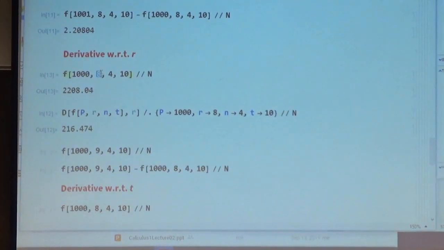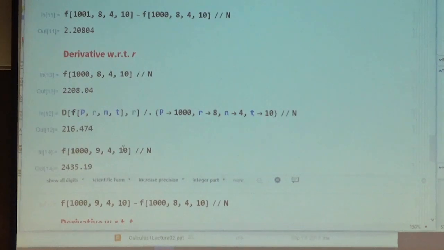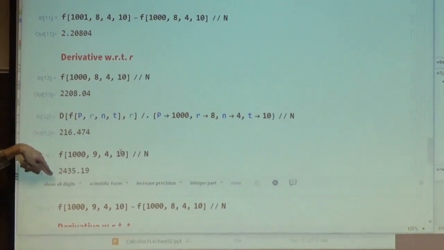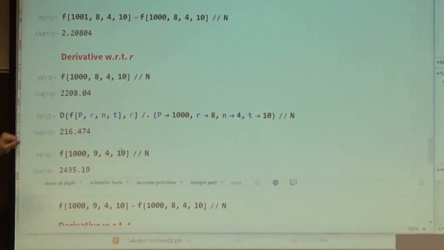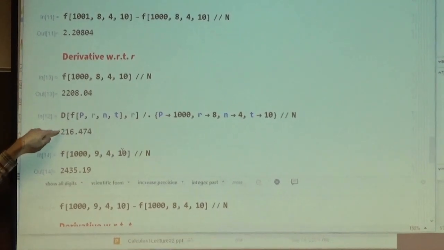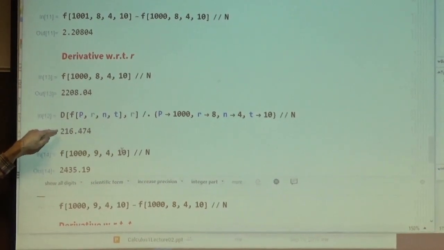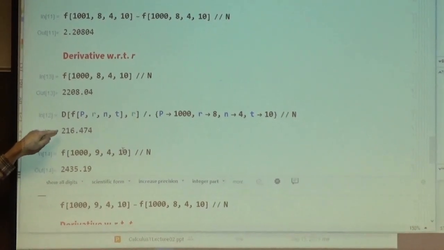Here R is 8%. Here I'm going to 9%. My balance increased by, it looks like $227 or so, a bit more than the estimate was. But it is an estimate, it's an approximation. It's a linear approximation.